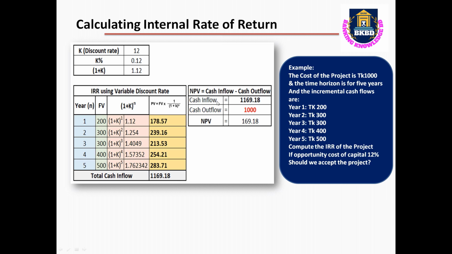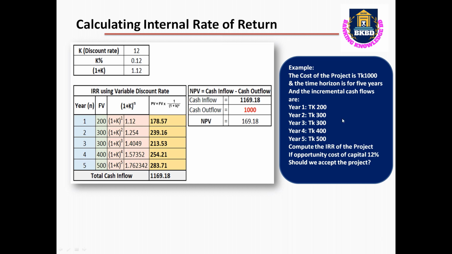If you put this figure into this formula, you will find this total cash inflow, and this cash outflow was 1000. Okay, we just invest the 1000, and based on this we are calculating. So the net NPV, total cash inflow minus total cash outflow, is 69.18.